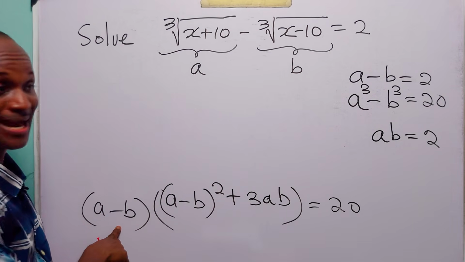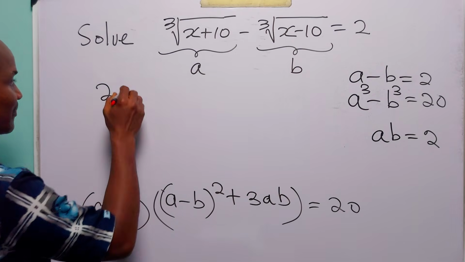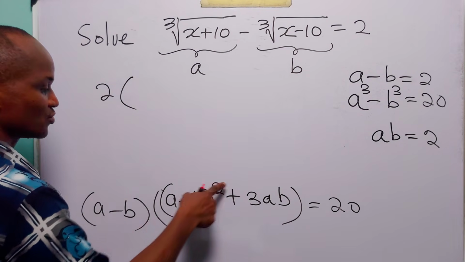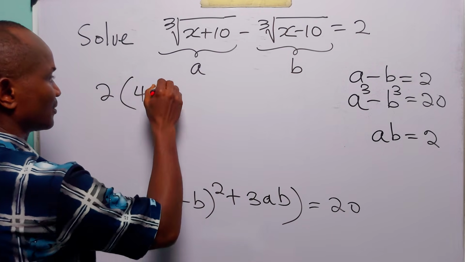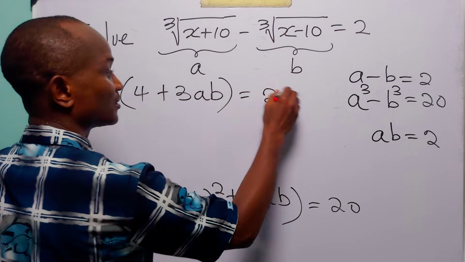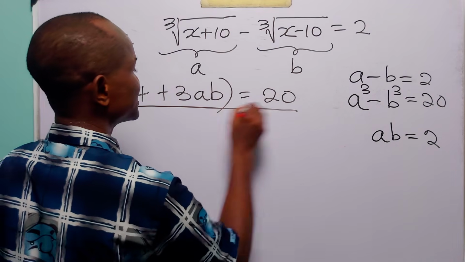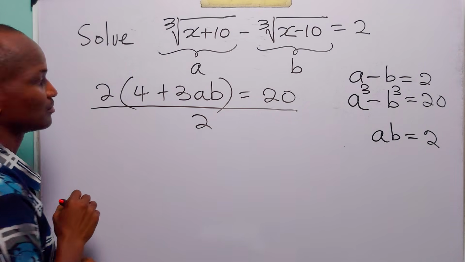Now we have that a minus b is equal to 2. So this is 2 times 2 squared, which is 4, plus 3ab, and this is equal to 20. Let us divide through this equation by 2.